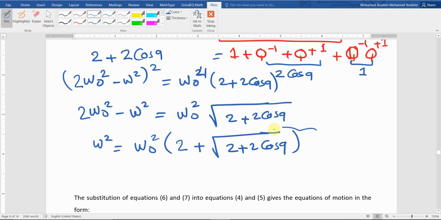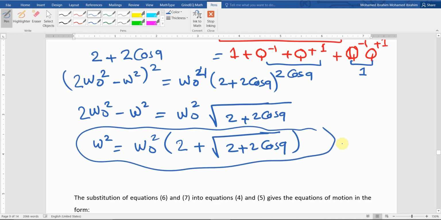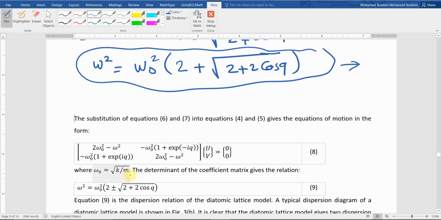So we end up with the expression that we already derived before.